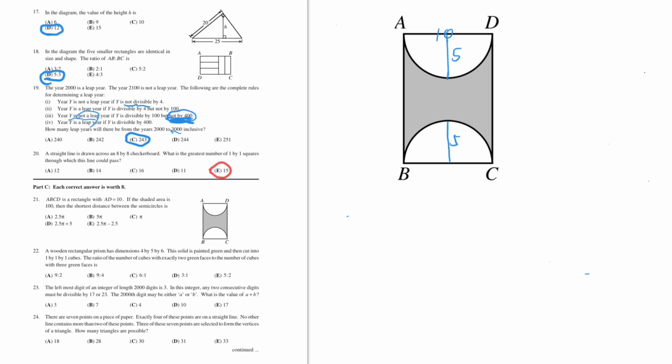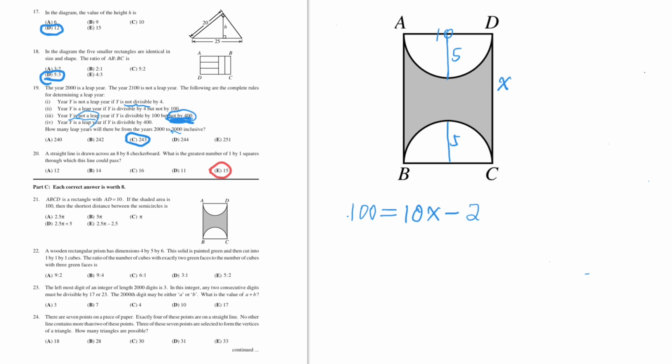Let's let CD be x. The shaded area is 100. Shaded area usually equals the whole area minus the white part. The whole area, the rectangle ABCD area, is length times width, that's 10x, minus the 2 semicircle areas.